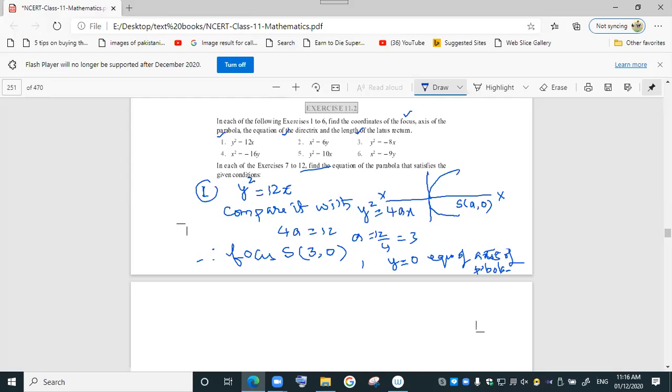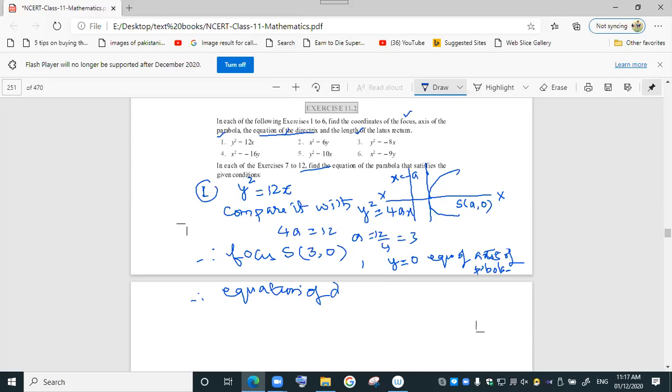Then equation of the directrix. The equation of the directrix will be at a distance minus a, and this is parallel to the y-axis, so x is equal to minus a will be the equation of directrix.